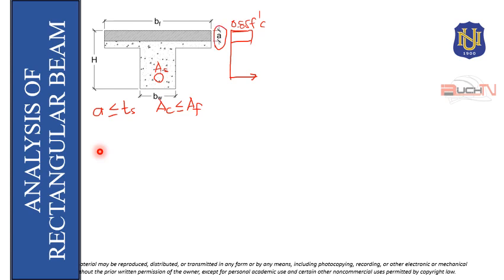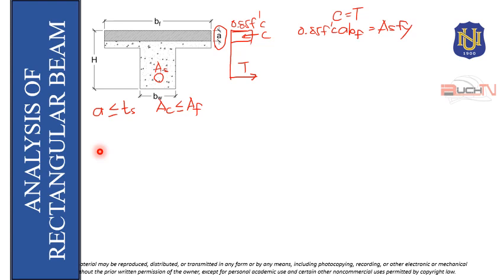The difference is that kung ito yung T natin, then dito yung C, ang difference niyan is C is equal to T. Kung nasanay tayo sa 0.85 F prime C AB, so dito, yung C natin magiging 0.85 F prime C A times B sub F is equal to AS Fy.